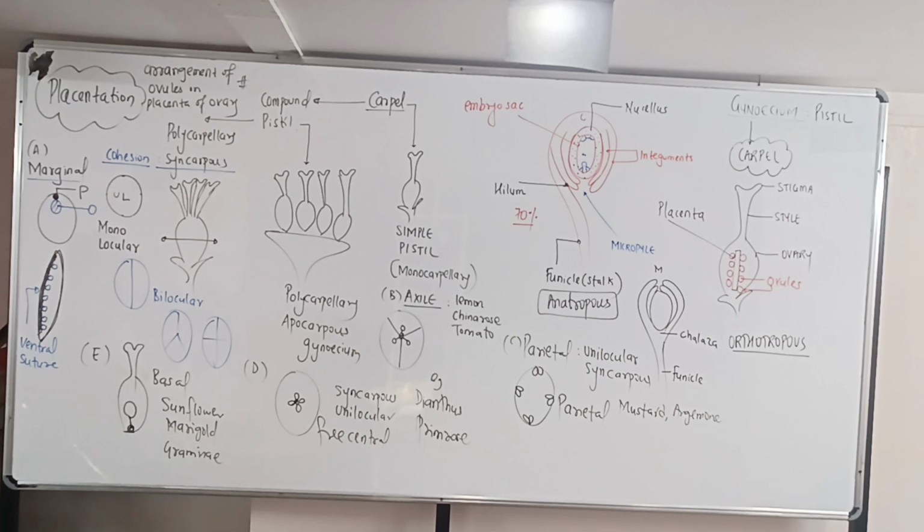What do you mean by apocarpous? Free or fused? Free. What do we call fused? Syncarpous. If all are totally fused, how many locules will you find inside? If they are incompletely fused, how many locules will there be? It depends: 2, 3, 4, 5 or more. In central or free central placentation, is it a monolocular condition or a multilocular condition? Monolocular. And the ovules are at the center.